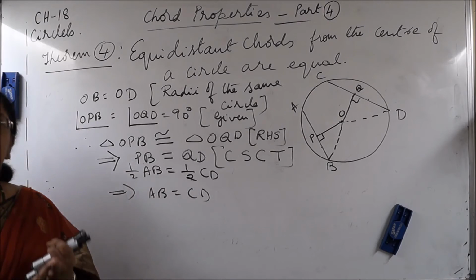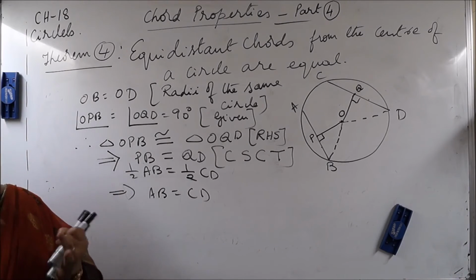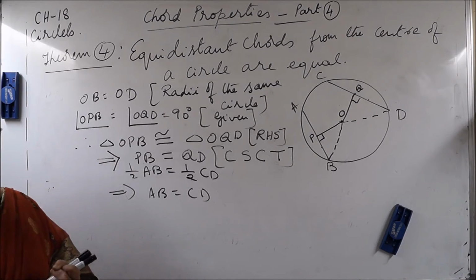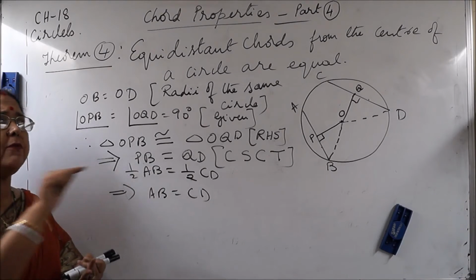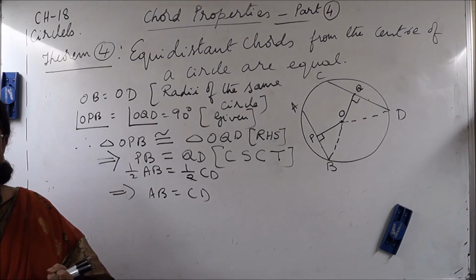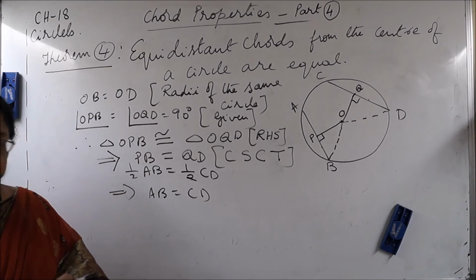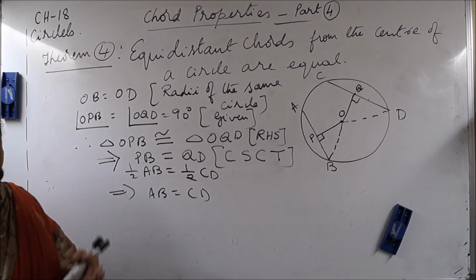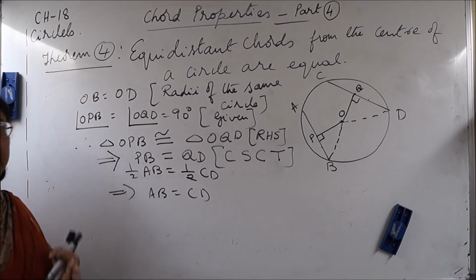The second that we learnt in part 2, which is again the converse of the theorem in part 1, is: the perpendicular drawn from the center of a circle to a chord bisects the chord. Then in part 3 we learnt equal chords are equidistant from the center of a circle.